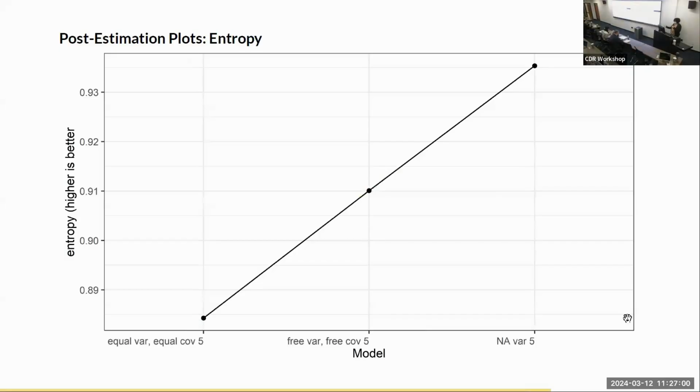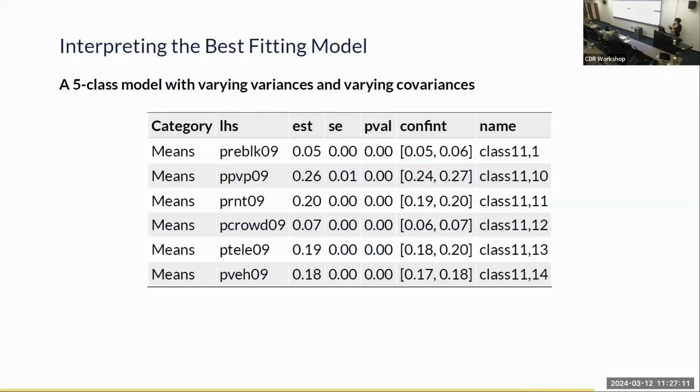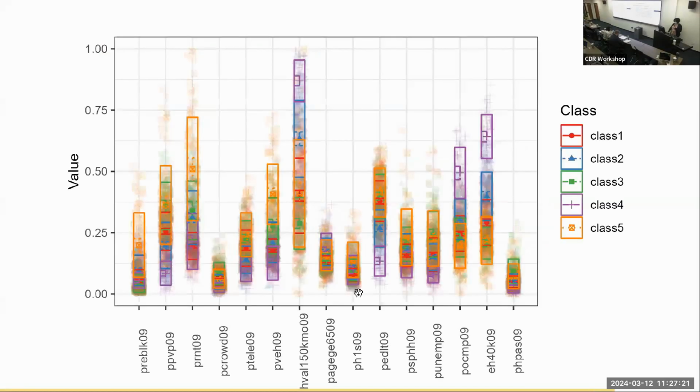Okay, sorry. Here's the entropy again. And again, I have to also go in the background and do some qualitative assessments about what each of these class solutions were telling me. And in this case, I just decided to go with a 5-class model with varying variances and varying covariances. And I have the final estimates from that model listed here.